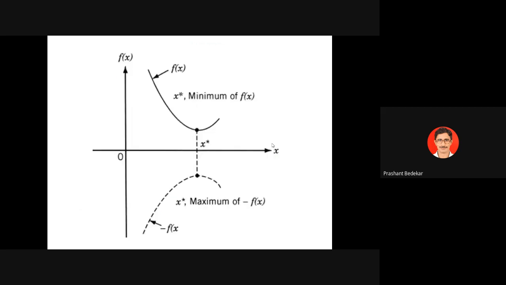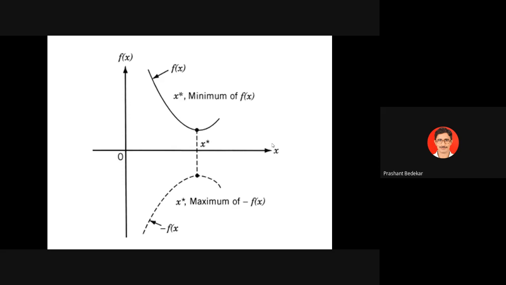How can it be converted? Very simple. Let's say that you have a function which is represented by -f(x). See the graph of -f(x). It is shown by the dotted line. The maximum occurs at x equal to x star. Multiply the objective function by -1. It becomes f(x).